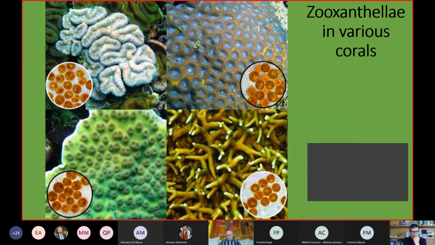Okay, now, all kinds of corals have these symbionts that were termed over 100 years ago as zooxanthellae, which means yellowish cells within animals.